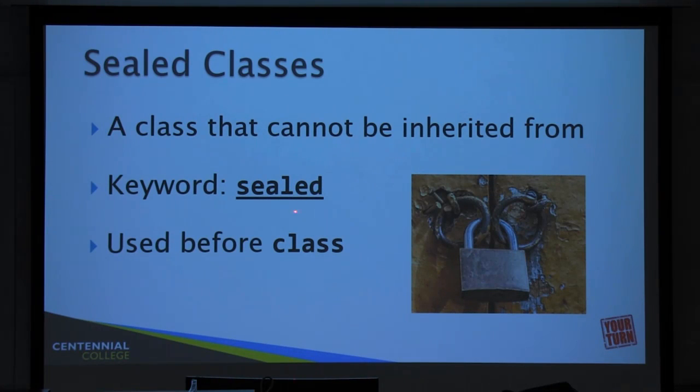Okay? So again, the last new thing for these two weeks of inheritance, polymorphism, abstract classes, interfaces. Just a general recap here. Abstract classes cannot have concrete objects created from them.